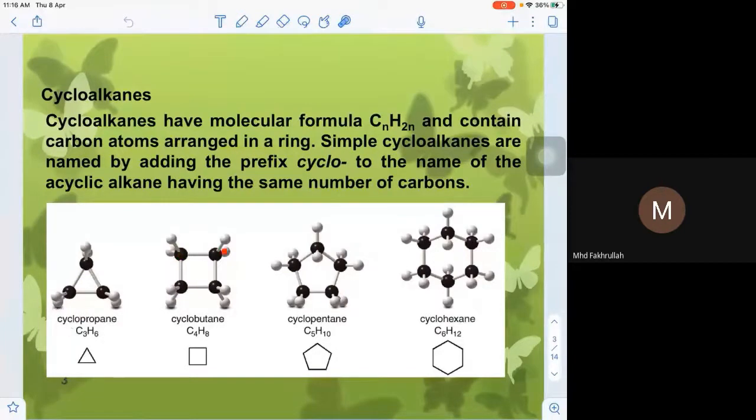When we have 4 carbon in a cyclic compound, it is cyclobutane. 5 carbon, it turns to cyclopentane. 6 carbon, cyclohexane. We just add the prefix cyclo at the front when we have cycloalkane with the general formula CnH2n.